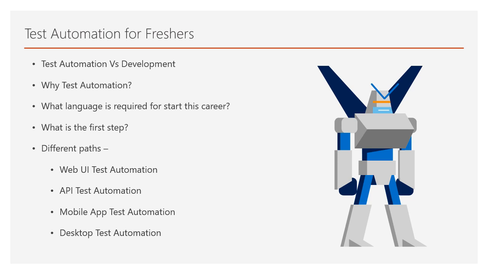And then why should we go for the test automation role instead of the development? You know that if you want to build any application, you choose some technology stack, like maybe Java-based technology, .NET framework or .NET standard, some sort of technology you need to choose, and you can build the application there.